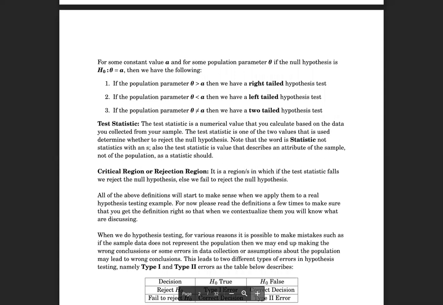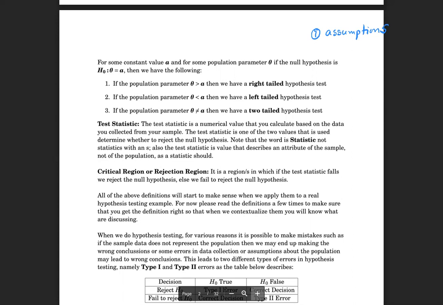All right. Now, when we're doing hypothesis testing, we are going to go through a few steps. Let me write it down. Number one is assumptions. You have to make sure that the sampling distribution is bell-shaped or normal.